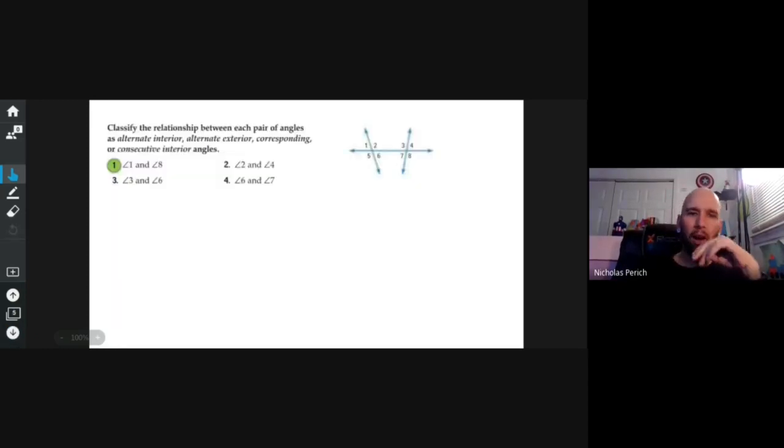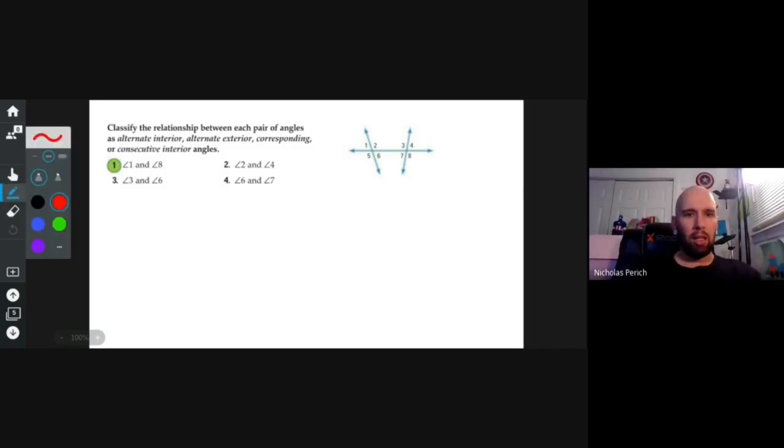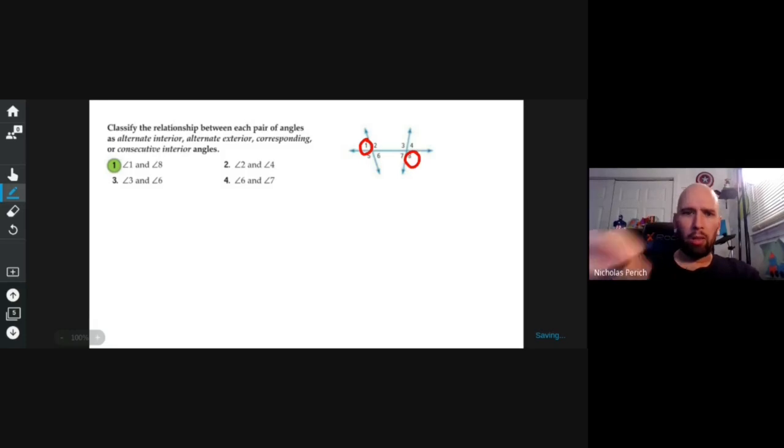So classify the relationship between each pair of angles as alternate interior, alternate exterior, corresponding or consecutive interior angles. We're going to do 1 in red. 1 is 1, 8 is 8. Please type out in the chat. Is it alternate interior, alternate exterior, corresponding or consecutive interior angles?